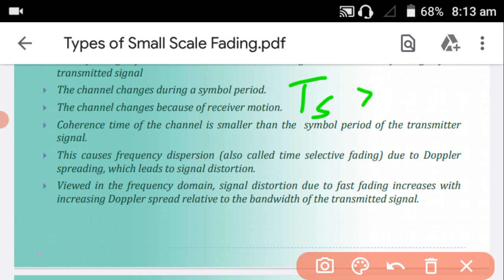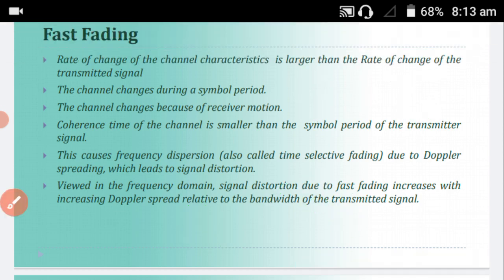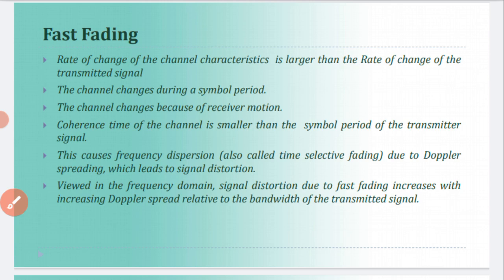Ts will be greater than Tc, that is, the coherence time is less than the symbol period. Also, the signal bandwidth is less than Bd. What is Bd? Doppler spread. This is the case in fast fading. This causes frequency dispersion due to Doppler spreading. What is Doppler spread? It is the broadening of the signal.